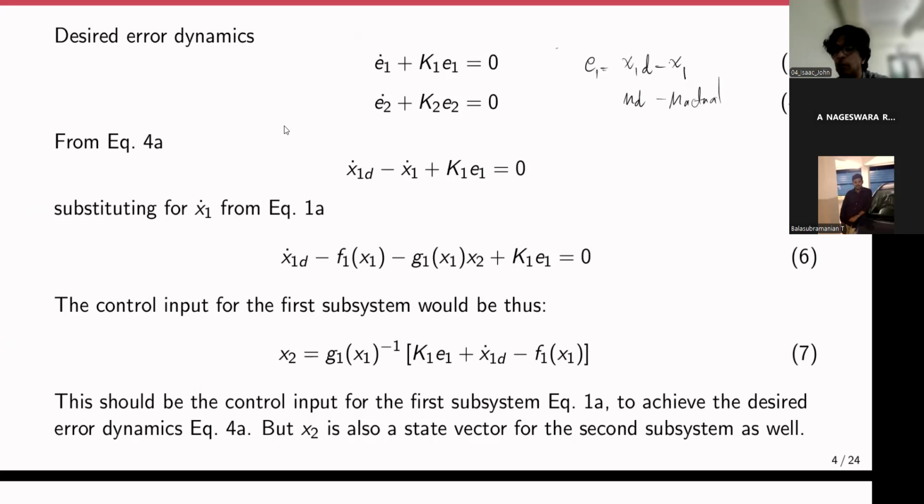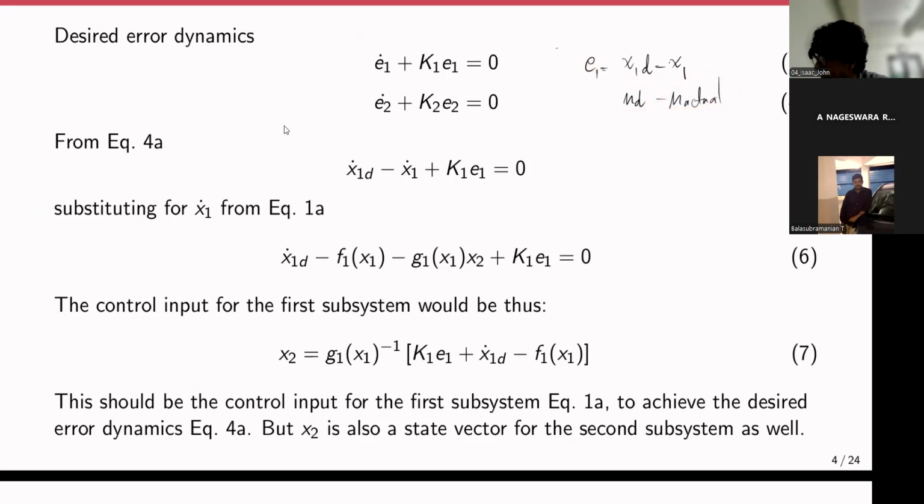For example, if we want our robot to follow a desired position through a trajectory, this would be coming from a trajectory, and this mu actual would be coming from the sensors, the actual position that the robot is currently at. So E1 is the error between the first state variable x1 desired and x1. When it comes to a robotic system, that becomes mu desired minus mu actual.